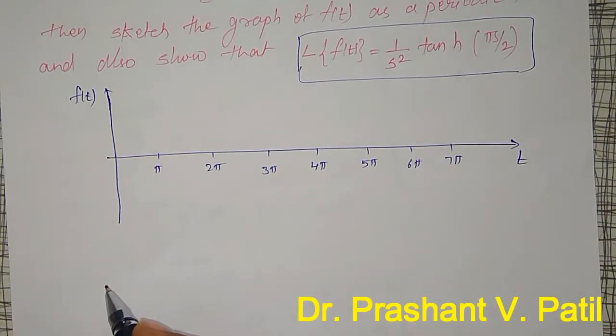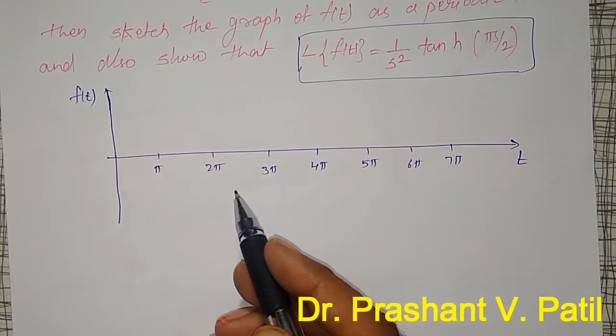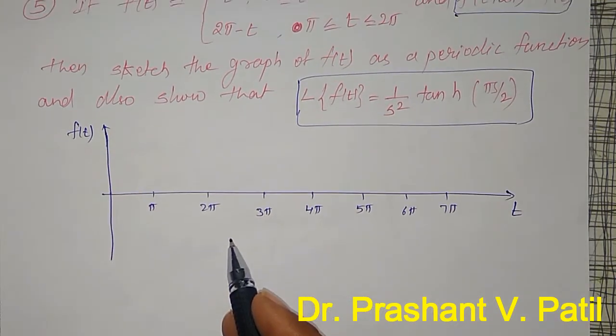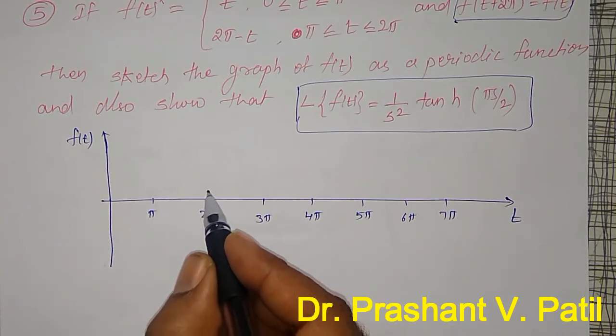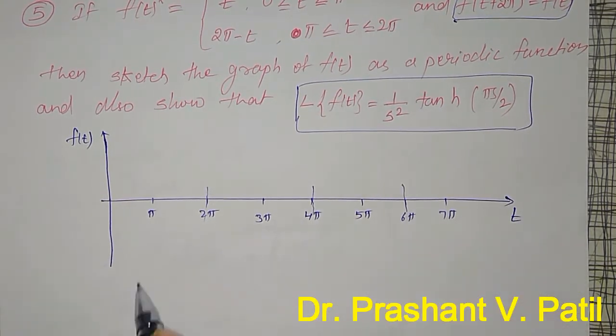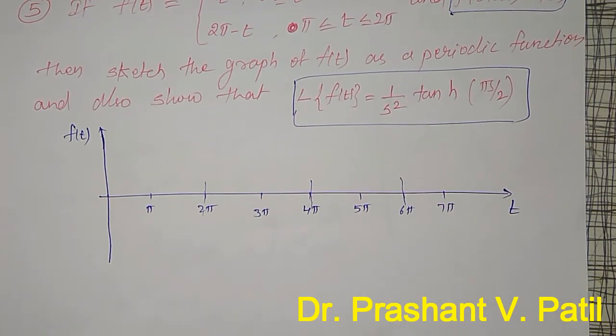Here the period is 2 pi. The function should repeat for every 2 pi, one here, another here, next here. Then what is the nature of that graph? What does it show graphically?